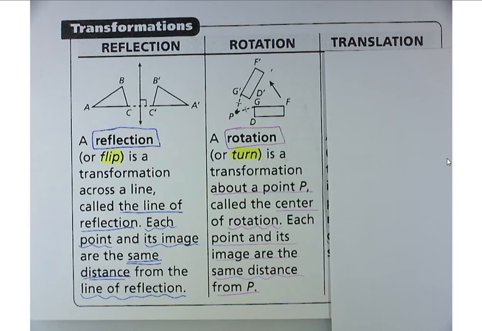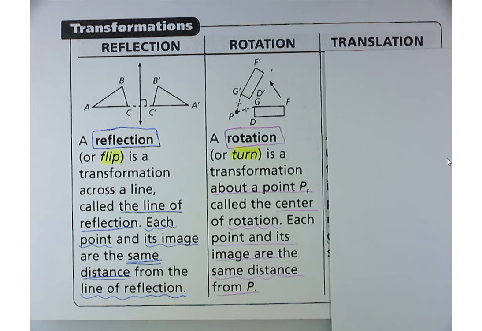Okay, and that is called the center of rotation. So think about a carousel, right? When a carousel rotates, you have a center of the carousel. Everything is rotating around that center.